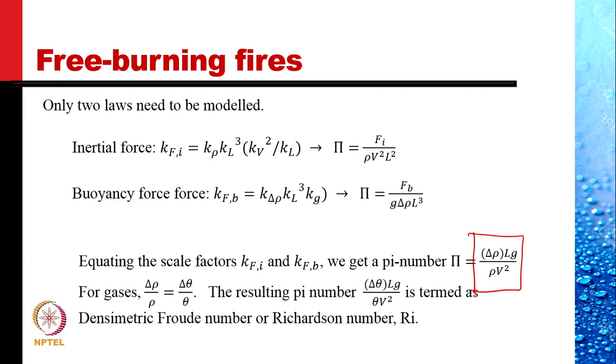For gases, delta rho by rho is like delta theta by theta. And the resulting pi number is like a Froude number. It's called a densimetric Froude number, or even Richardson number, Ri, in literature.